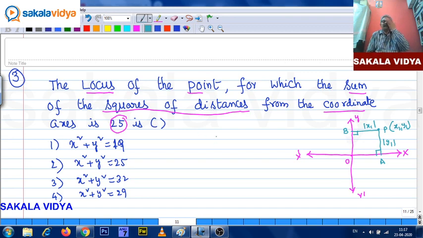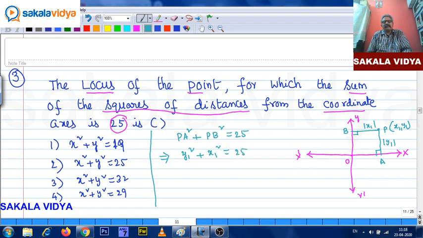What is given actually here? Sum of the squares of the distances from the coordinate axis. That means the given condition is PA square, the square of the distance from P to the x axis, plus PB square, the square of the distance from P to the y axis, is equal to 25. Since PA equals mod y1, we have y1 square plus x1 square is equal to 25.